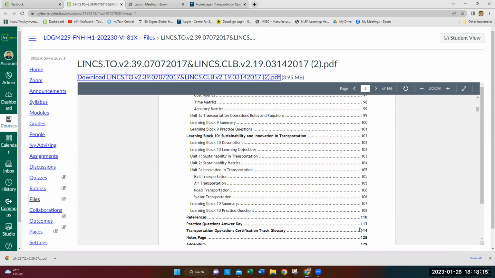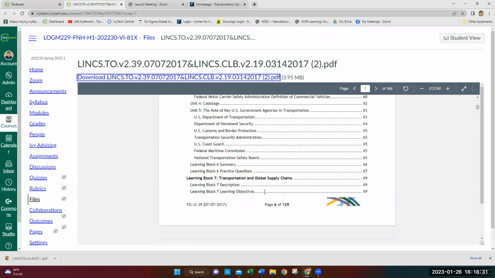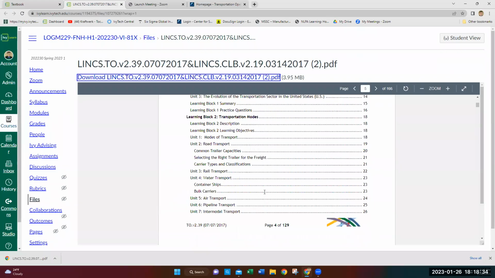So these practice questions that are asked at the end of each chapter, the ones that you're turning in, there's actually an answer key in here that has all the correct responses that you can check yourself, double check it. And it also has a glossary, so you want to know what's going on with that.